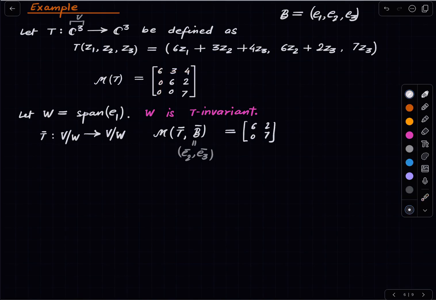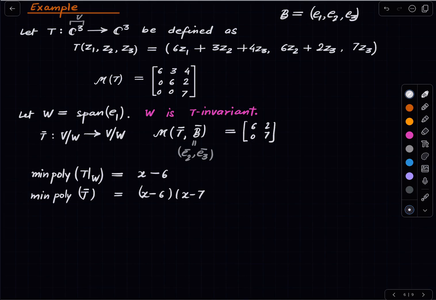So I will leave you to check that the minimal polynomial of the restriction is x minus 6, and the minimal polynomial of the quotient is (x minus 6)(x minus 7).